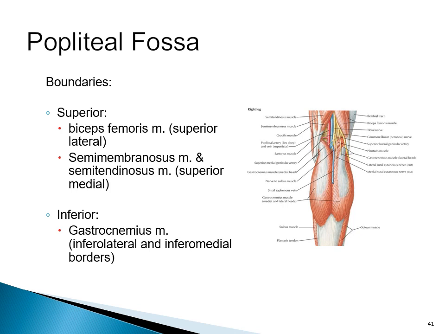Popliteal fossa. The boundaries on the superior aspect are the biceps femoris muscle, the semimembranosus muscle, and the semitendinosus muscle. The inferior aspect is the gastrocnemius muscle.